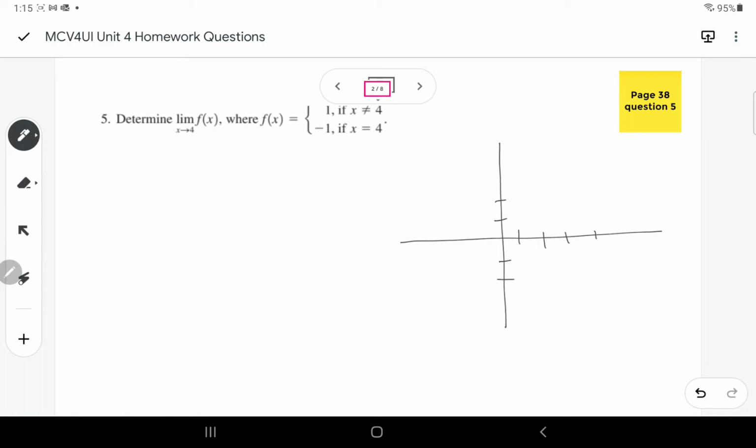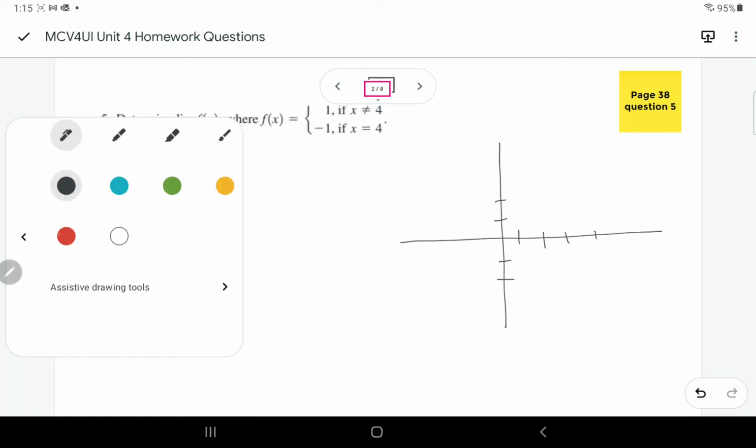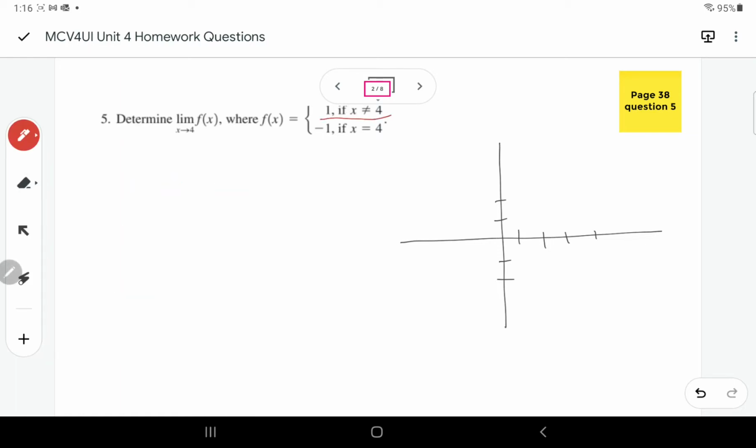This says that the function is going to be equal to 1 if x is not equal to 4. So if I color code again, this is a horizontal line at y equals 1 for all of the points except 4. That horizontal line is y equals 1, and that's true for every point except where x equals 4.